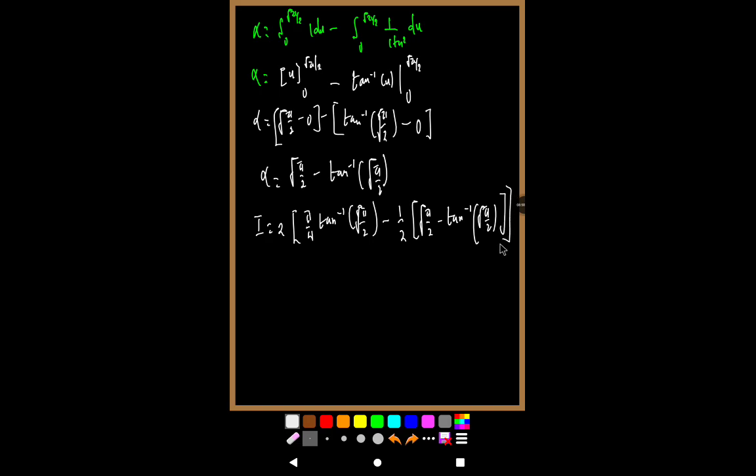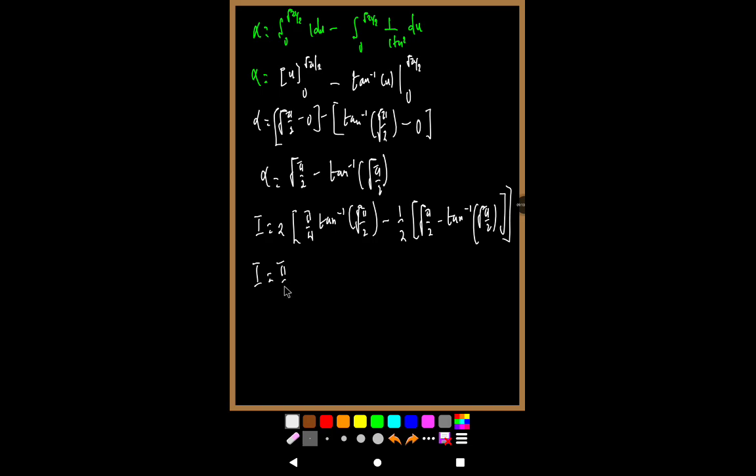All right, cool. Then we have I equal to 2, and if you open the brackets, 2 multiplied by pi over 4 will give us pi over 2.